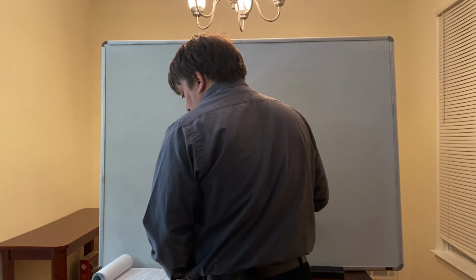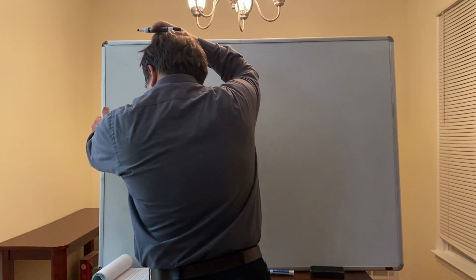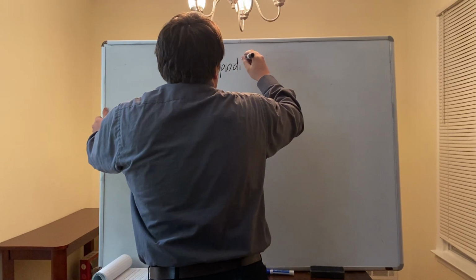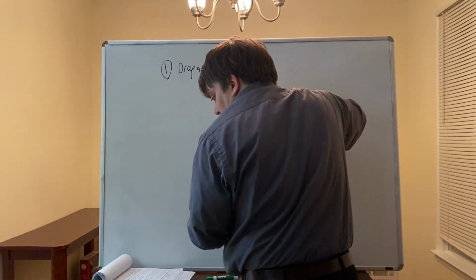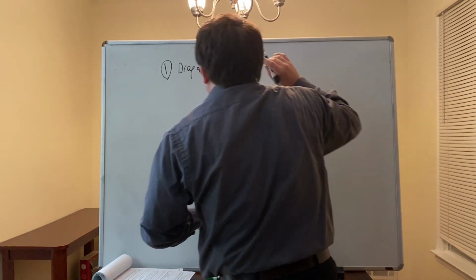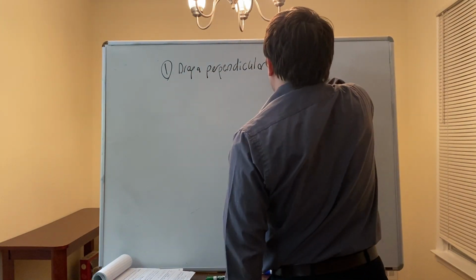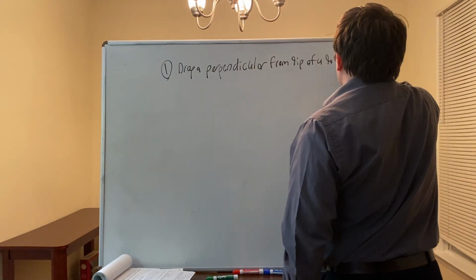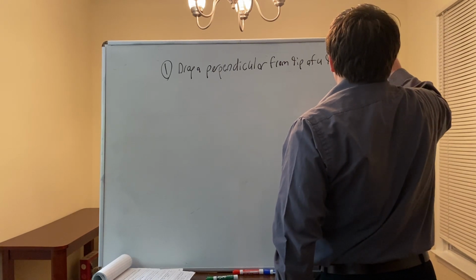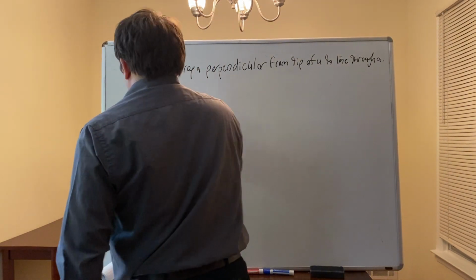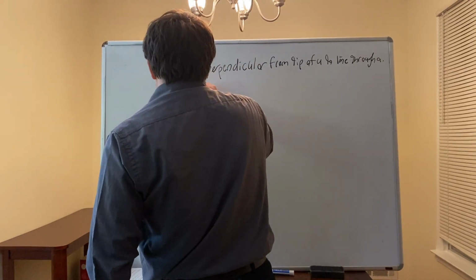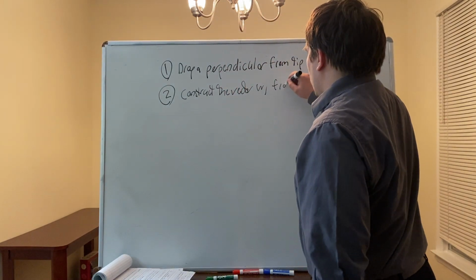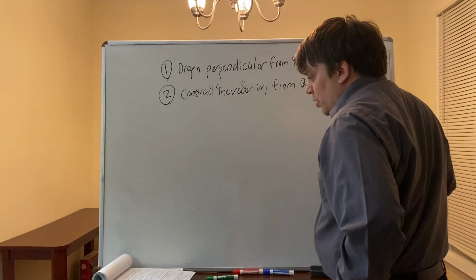I'm just going to write the steps for the geometric one. Step 1, drop a perpendicular from the tip of U to the line through A. Step 2, construct the vector W1 from Q to the foot of the perpendicular.